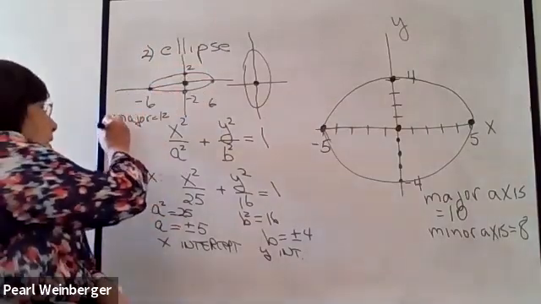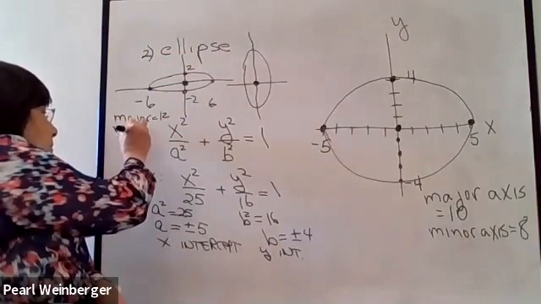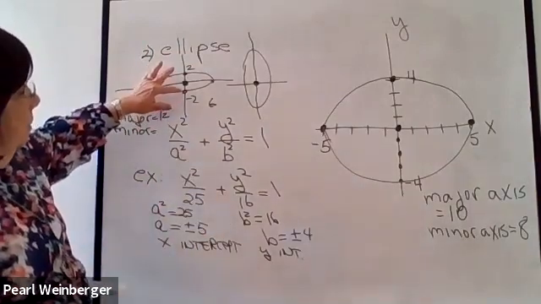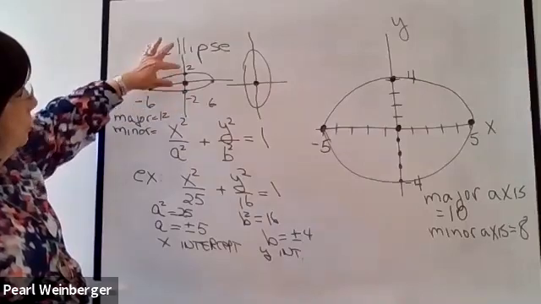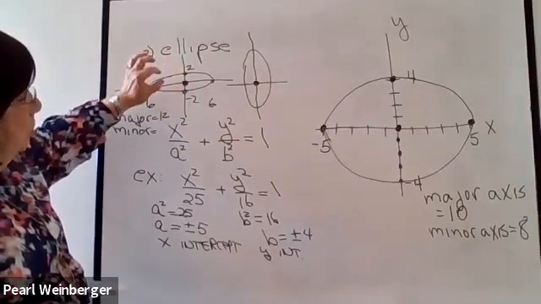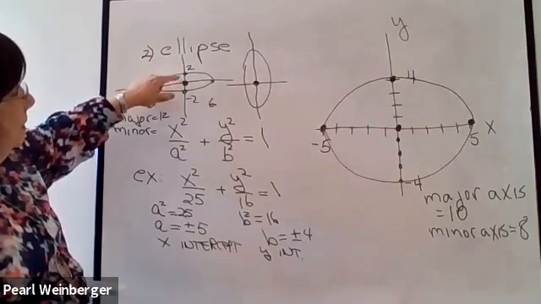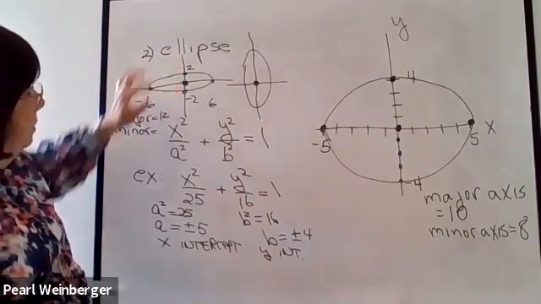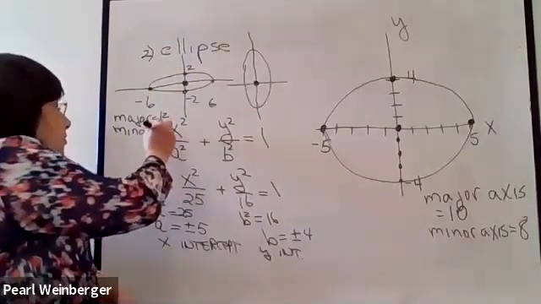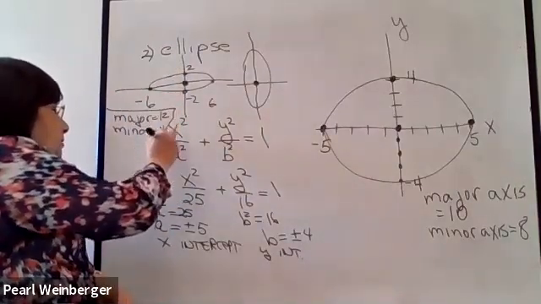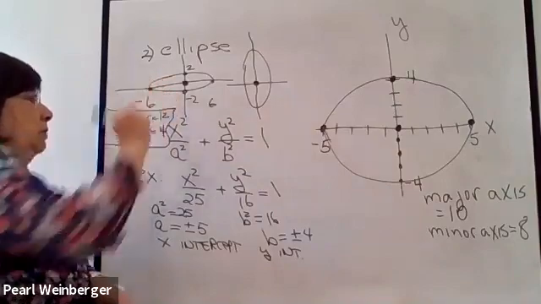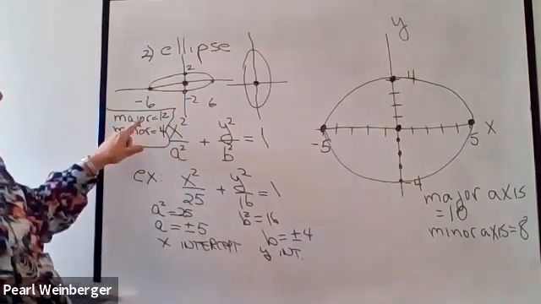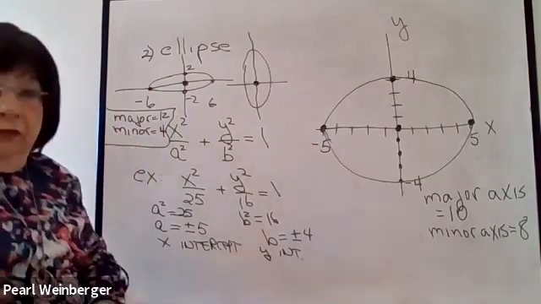The minor axis is going from -2 to 2. That's the shorter one. From 0 to 2 is 2, but from -2 to 2, it's 4. So for this example, the major axis would be equal to 12, and the minor axis would be equal to 4.